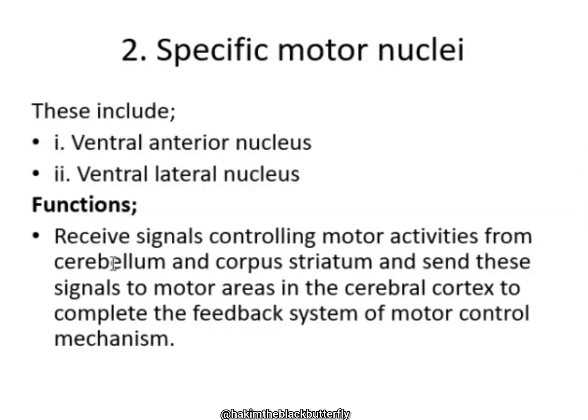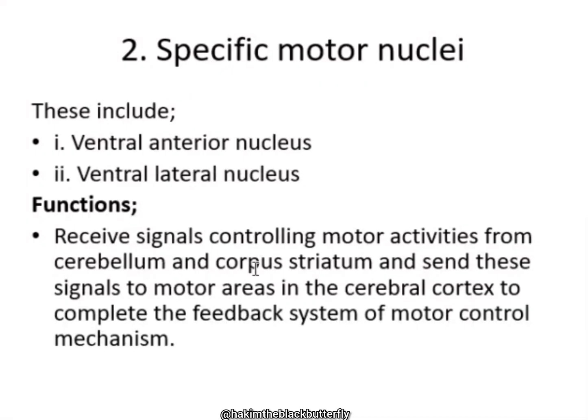That is why if the cerebellum and the basal ganglia are injured, you're going to have disorganized movements. But your movements are organized because the parts of your brain known as the cerebellum and the corpus striatum are the ones which add that order into your movements.